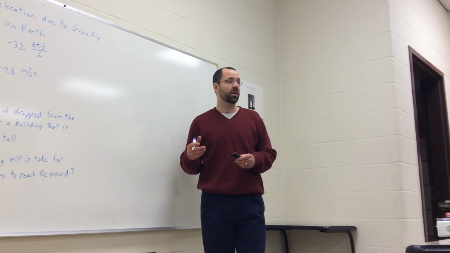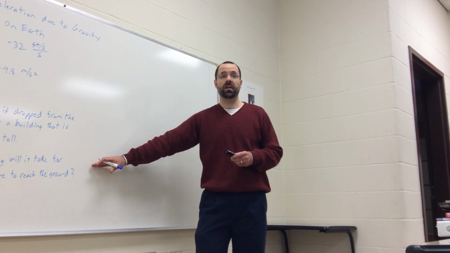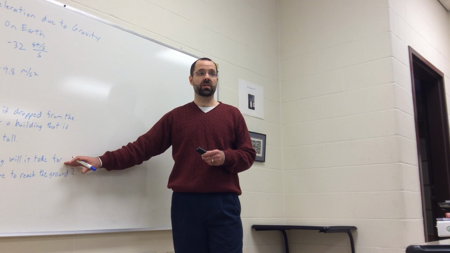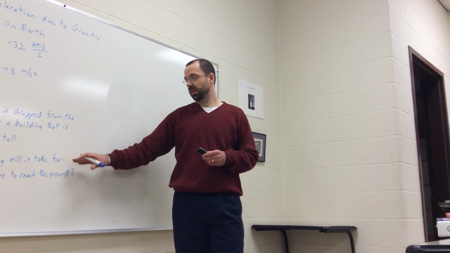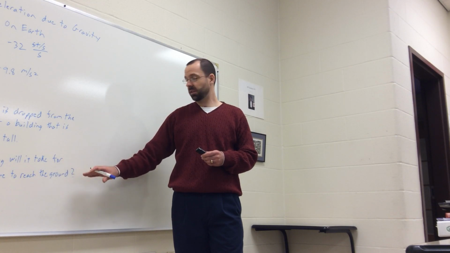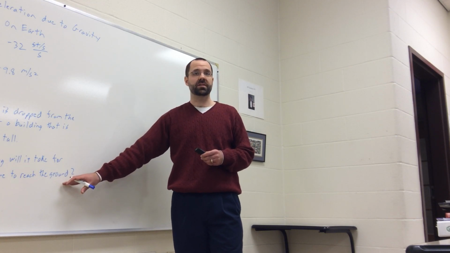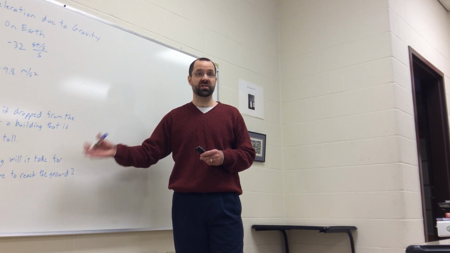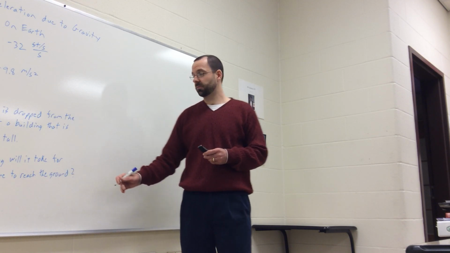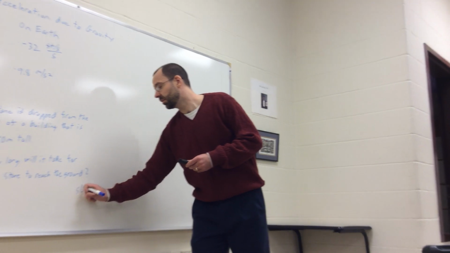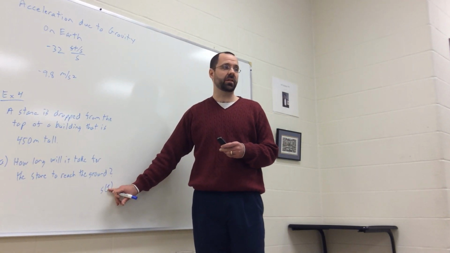Okay, so the question here is asking about the position of the stone. It's saying, how many seconds is it going to take to get to a particular place? So in order to answer this question, we need the position function. S of t is going to be key to this problem.